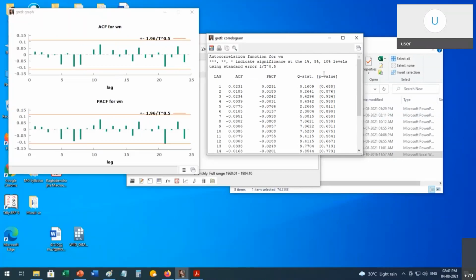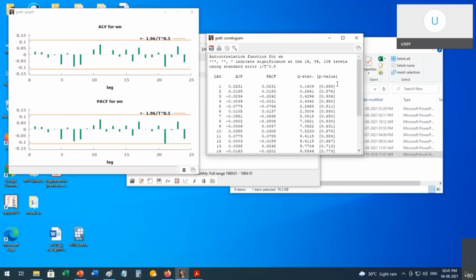So this is the test I told you earlier. The statistical test on ACF and PACF, whether this is equal to 0 or not. The null hypothesis is that the autocorrelation coefficient is equal to 0. Here the p-value is 0.688.